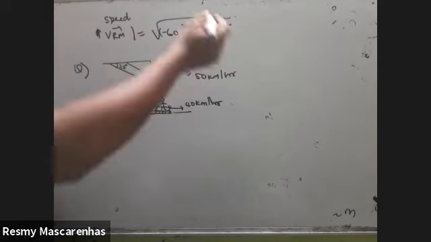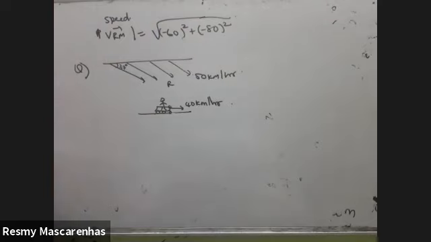Calculate the angle. At what angle the man will hold the umbrella? Now, the rain itself is falling at 37.